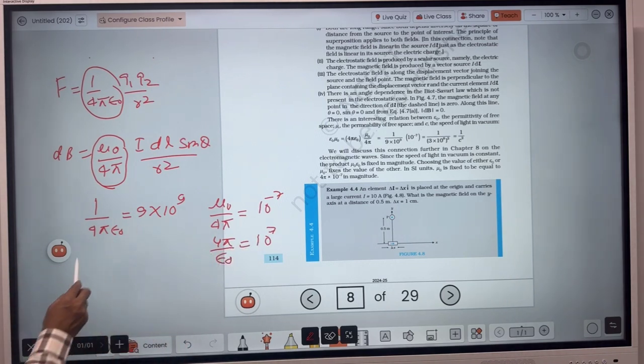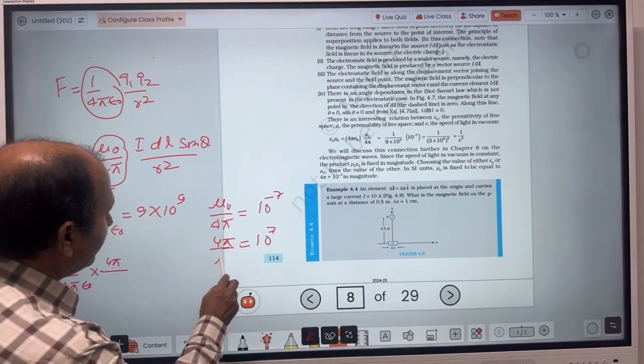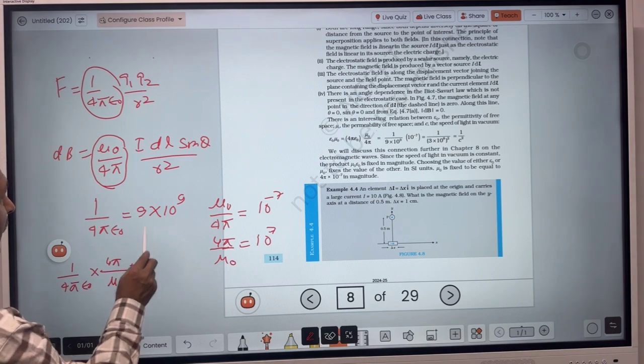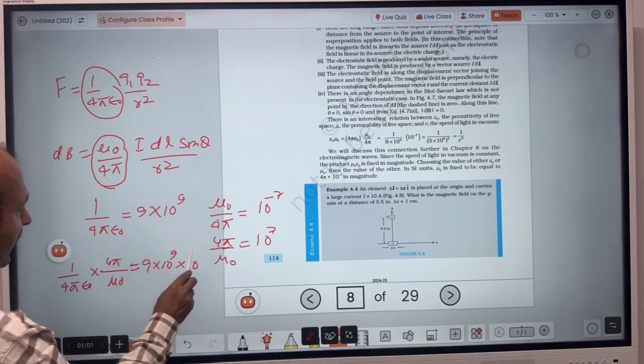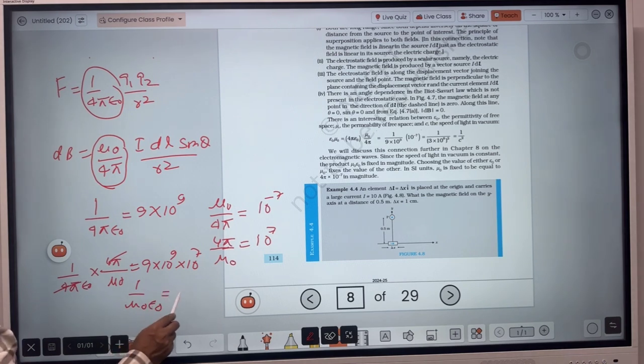If we multiply these two, 1 upon 4 pi epsilon naught multiplied by 4 pi upon mu naught will be 9 into 10 to the power 9 into 10 to the power 7. 4 pi will cancel out. We will be left with 1 upon mu naught epsilon naught equal to 9 into 10 to the power 16.